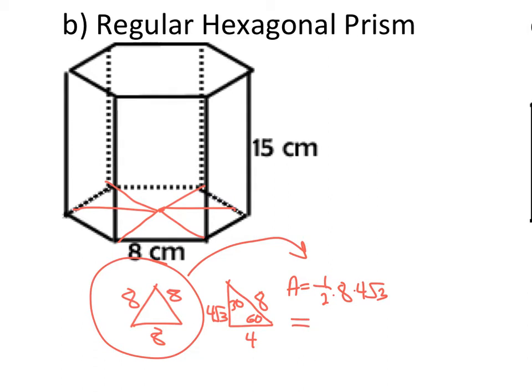Multiplying those coefficients, half of 8 is 4. 4 times 4 is 16, so 16 radical 3.